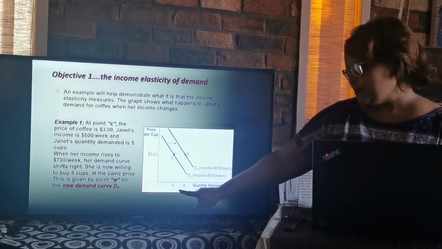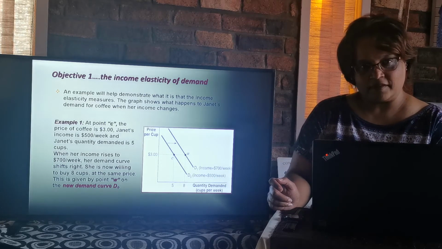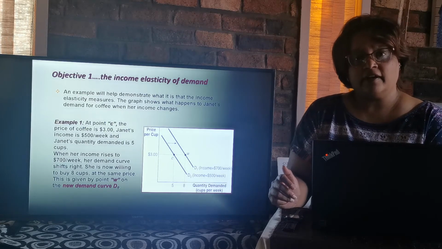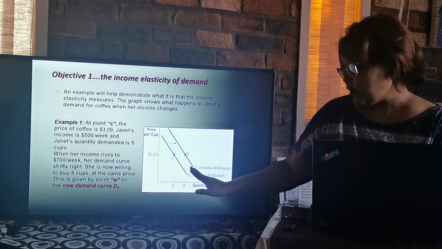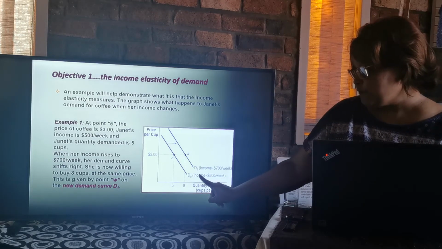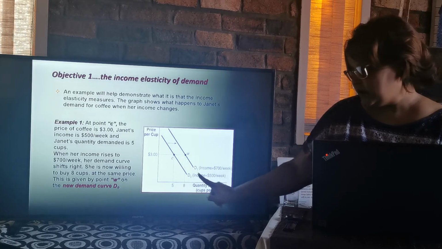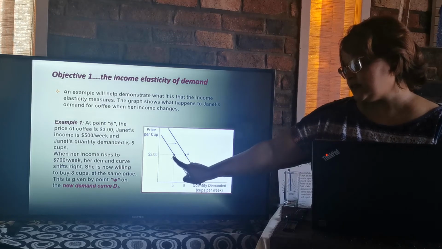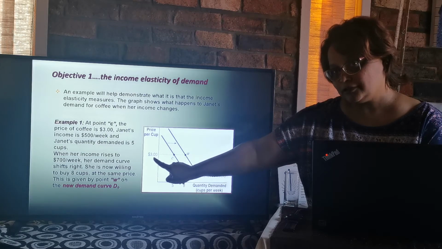Take the quantity demanded of a cup of coffee that you drink in the morning, perhaps passing the McCafe. If you are earning $500 per week, you are going to want to buy 5 cups if the cup is $3.